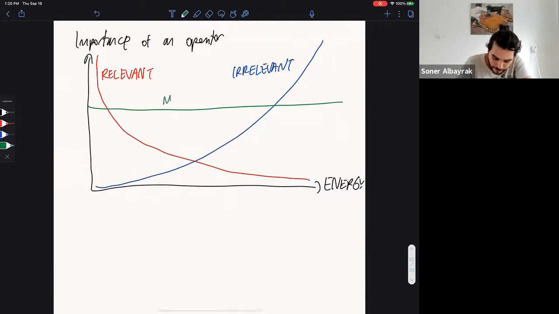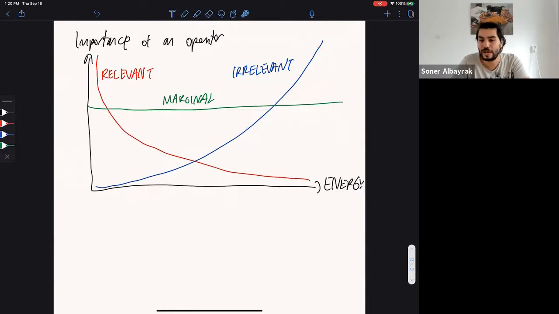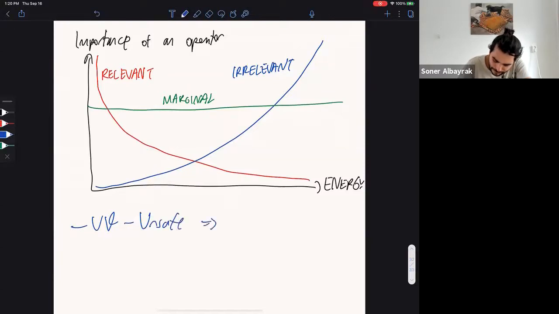And this is the marginal operator. It doesn't break the theory. It doesn't diverge at UV or IR. It can be there, there is no problem. So the presence of irrelevant operators makes your theory UV unsafe, meaning that it's probably non-renormalizable, because at high energies that term just diverges.